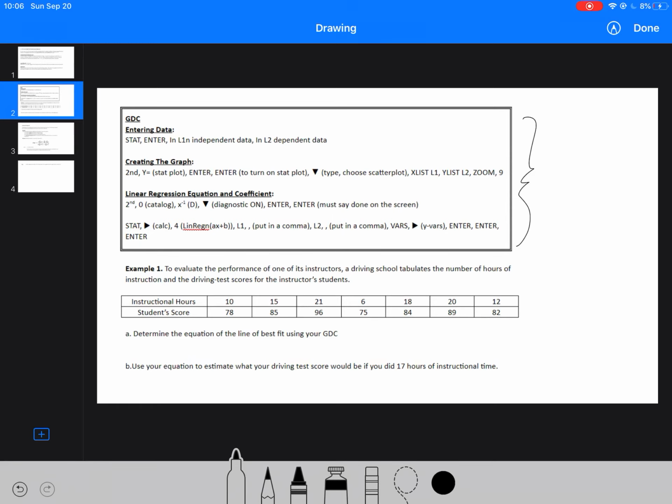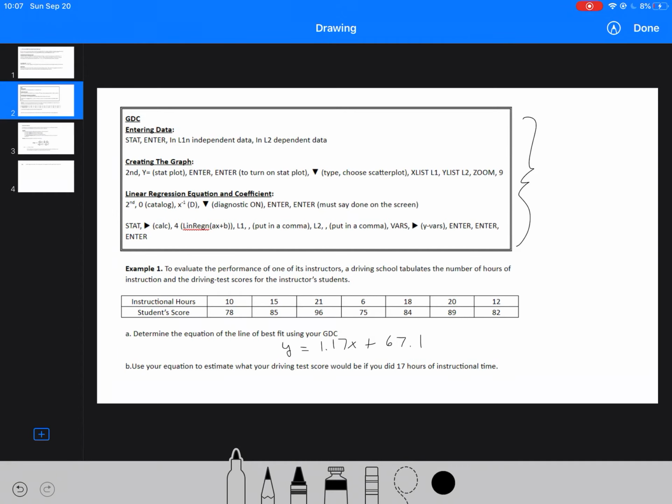This is an example between instructional hours and the driving test score for the instructor's students. The first question asks you to determine the equation of the line of best fit using your GDC. Following the steps above, you should get the line of best fit as y equals 1.17x plus 67.1.